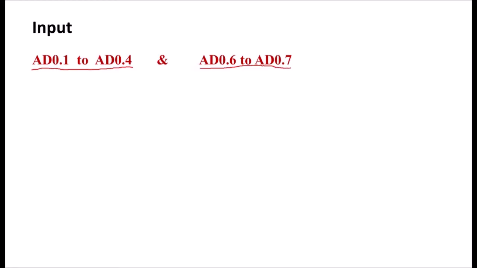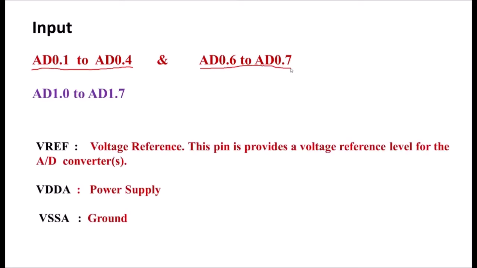These many pins of ADC0 are available for the user, so the user can connect analog inputs to any of these pins or to all of them. Then the second ADC, AD1: all pins of this ADC are available for the user, AD1.0 to AD1.7.